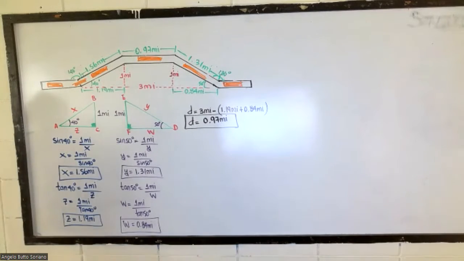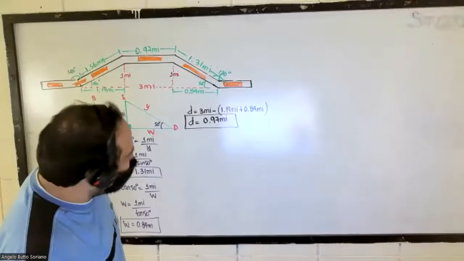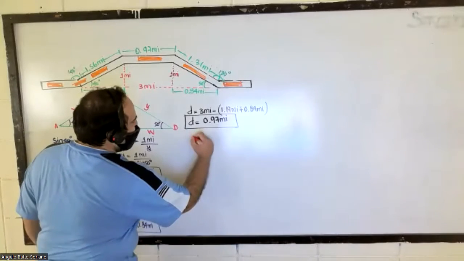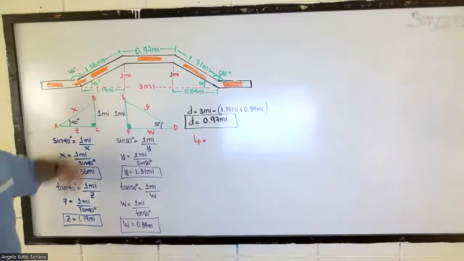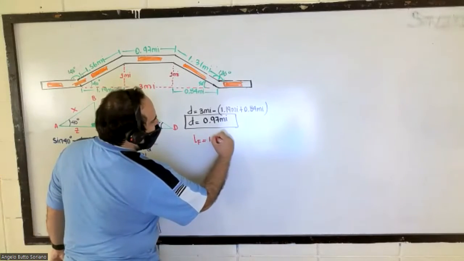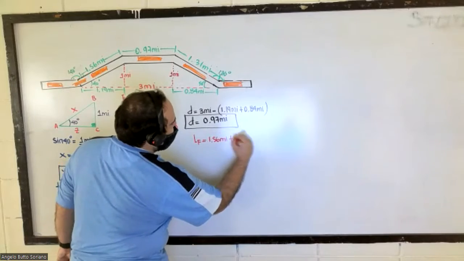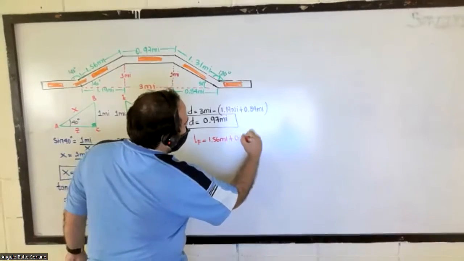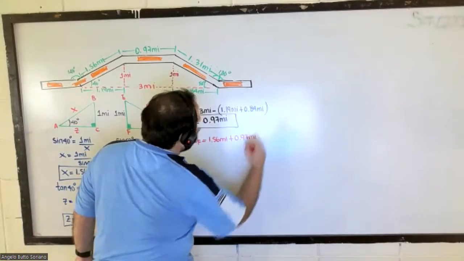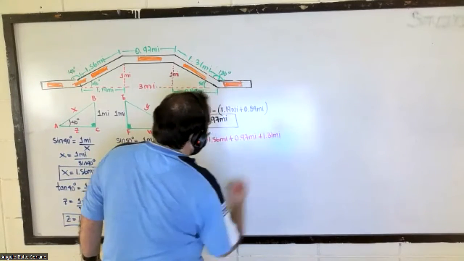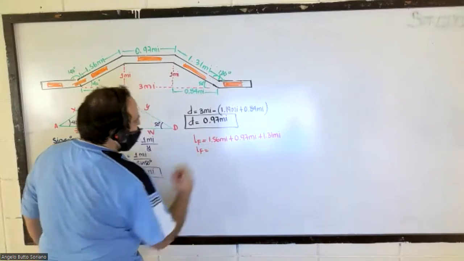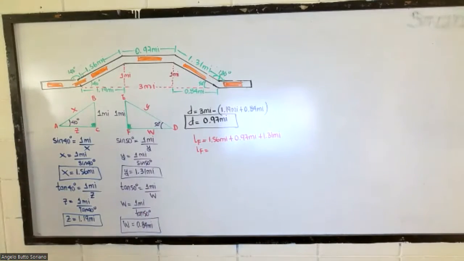No, they're asking for the total length of the highway. Because they're asking for the length of the highway, the final length will be the addition of 1.56 miles plus 0.97 miles plus 1.31 miles. So what will be the final length?